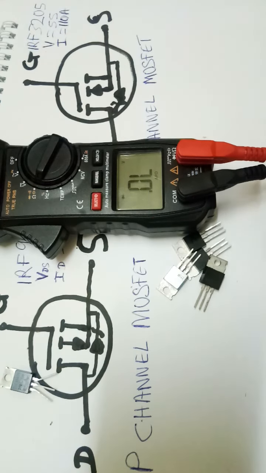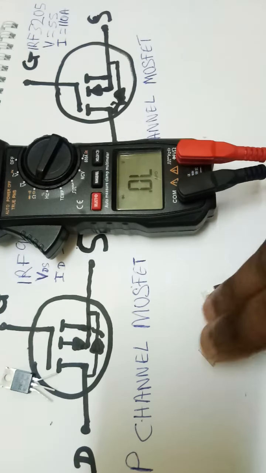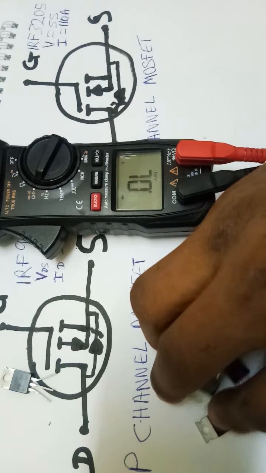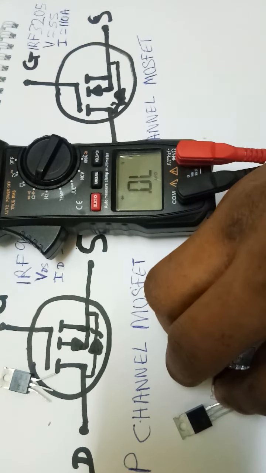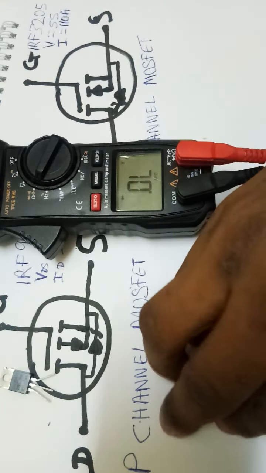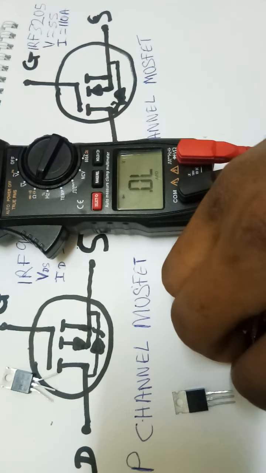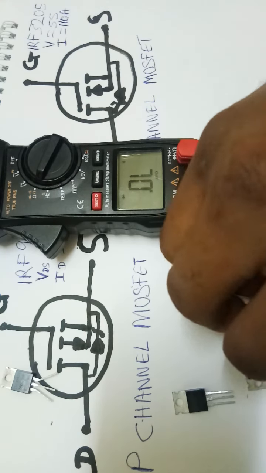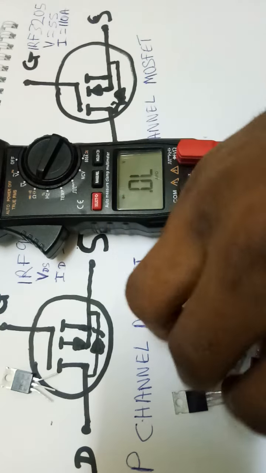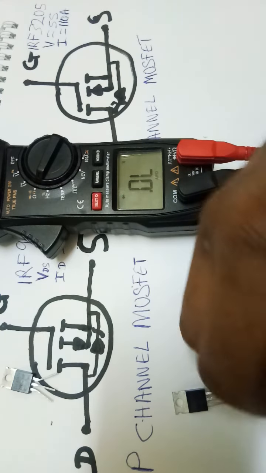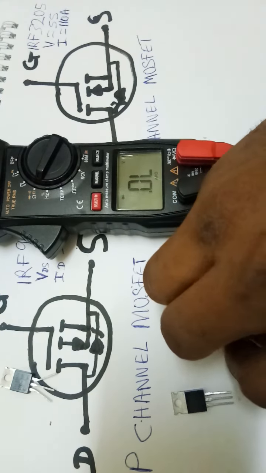It's bad. All these four are N channel MOSFETs, but as a beginner, let me show you how you can test them. All these four are bad MOSFETs, but we will test them one by one.